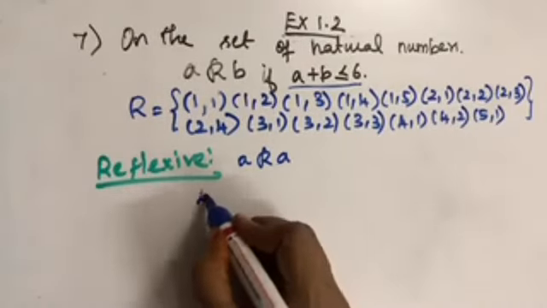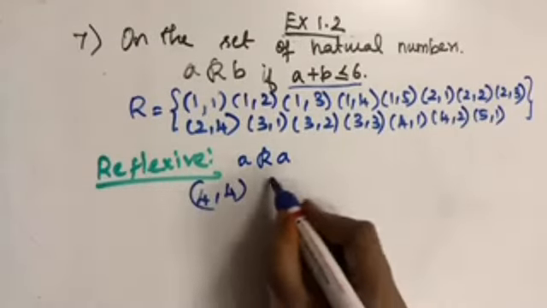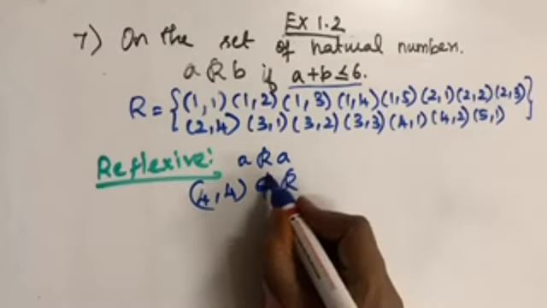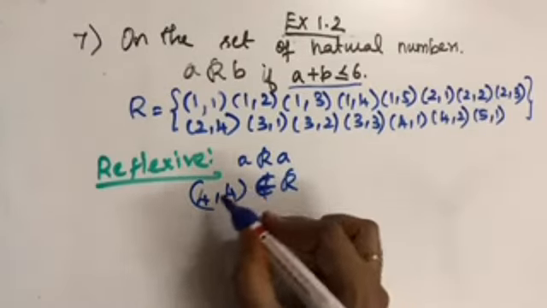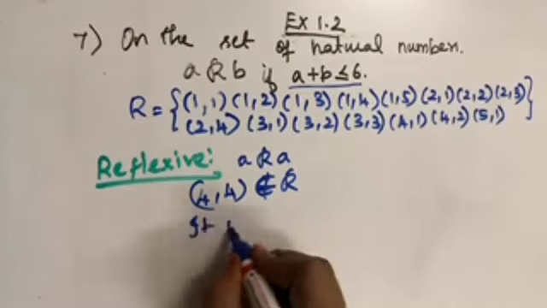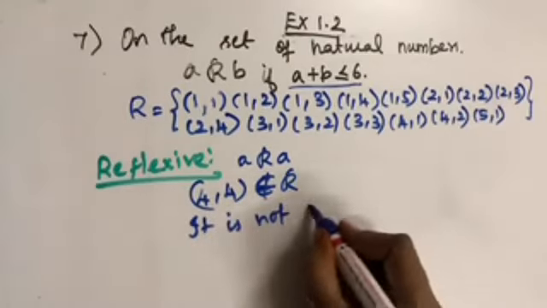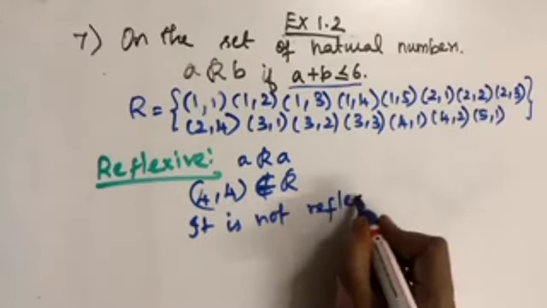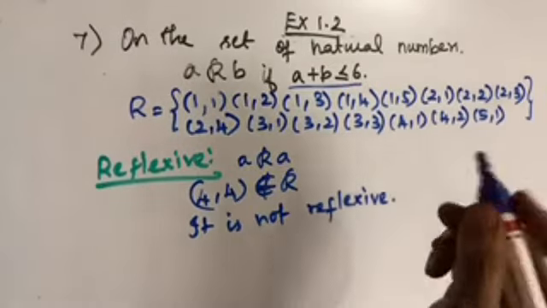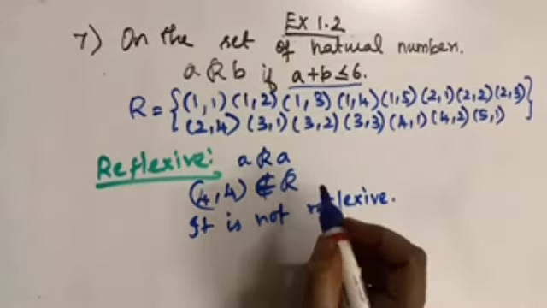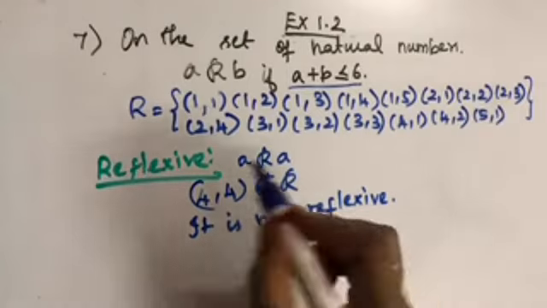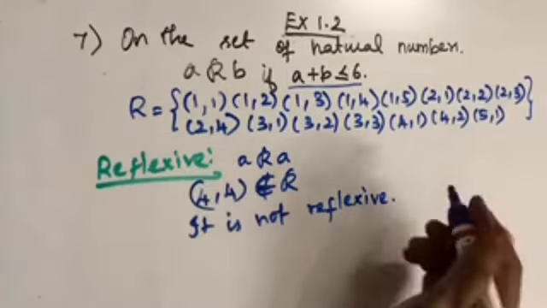So 4 comma 4 does not belong to R. So it is not reflexive. For all conditions it should satisfy. Okay, even if you can find one number that doesn't satisfy that condition, we can take it.